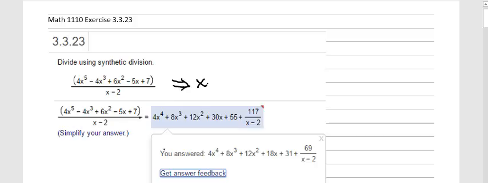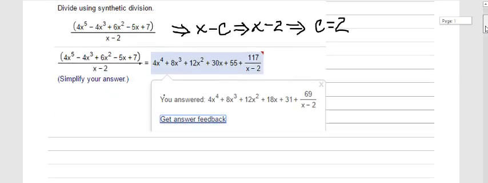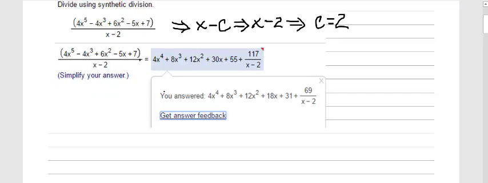we have to think of this as x minus c. So if we have x minus 2, that means our c is equal to 2. So that's the number that we're going to be using in this position of the synthetic division.